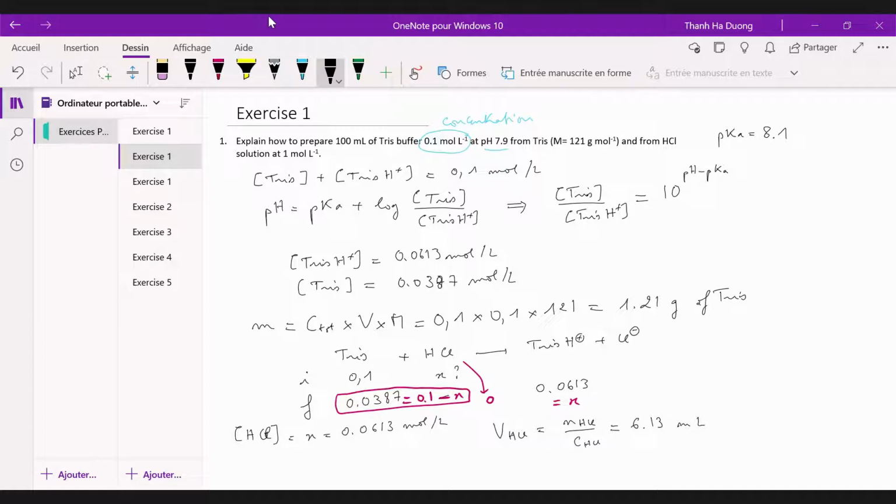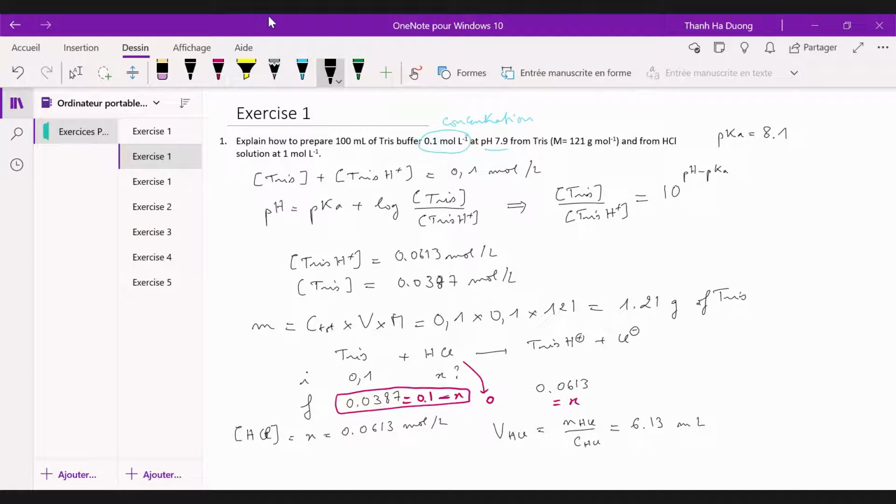Is it okay? Try to do it again without the correction, because I always ask during the exam how to prepare a buffer solution.